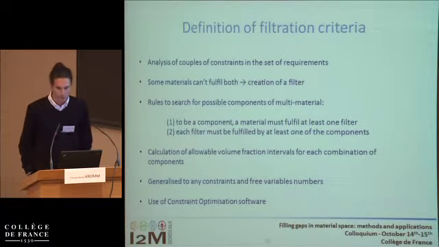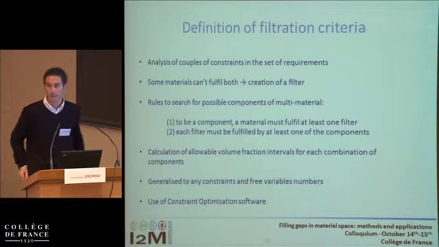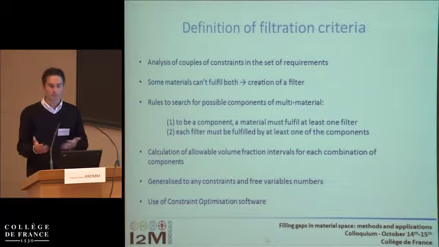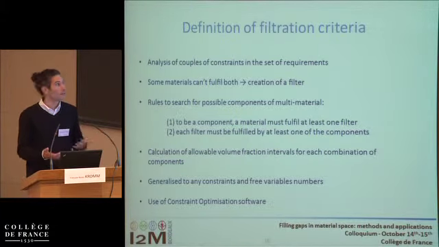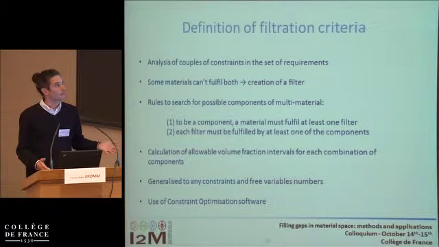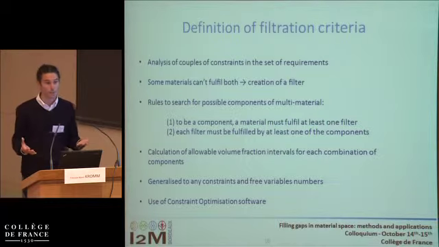The filtration criteria are defined by the analysis of the requirements by couples. Indeed, taking the requirements by pairs, we can see that sometimes no material can fulfill both, and that will define a filter for us. We can find a very simple case when, for example, we are looking for a part where thickness is a free variable.